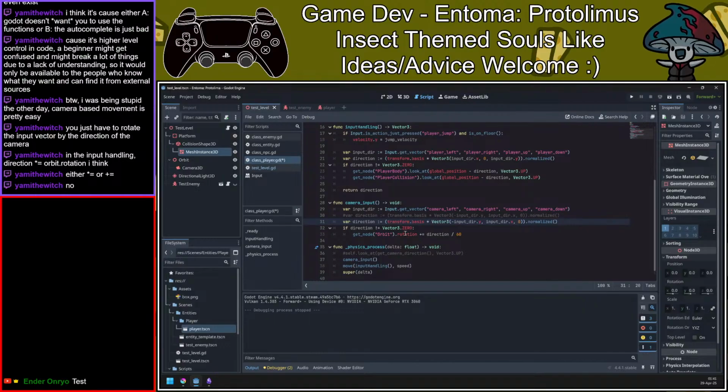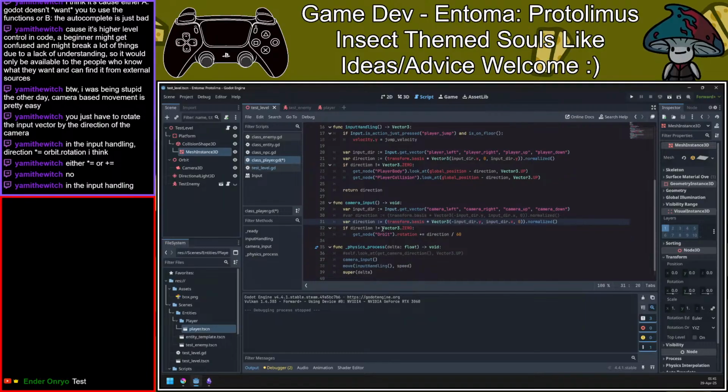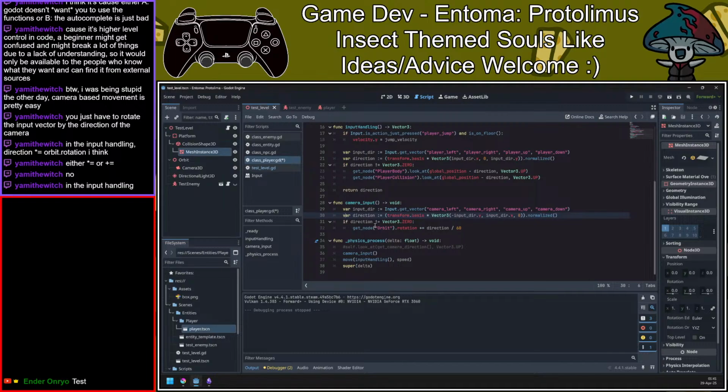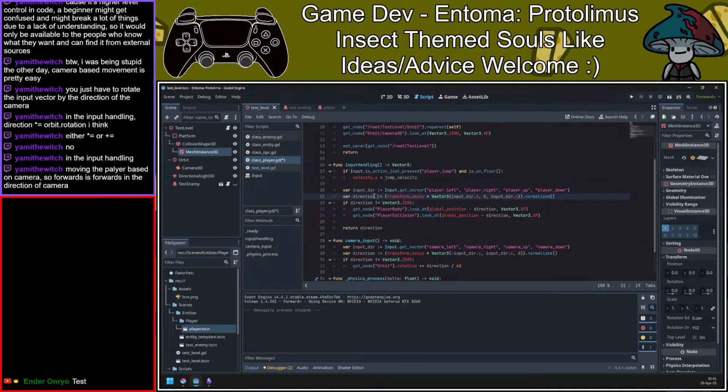Oh, wait, actually, what does colon equal do? We've just been using that. I don't know what that does. In the input handling? The input handling is for moving the player, not moving the camera. Moving the player based on the camera.